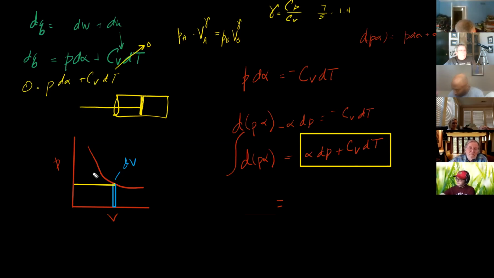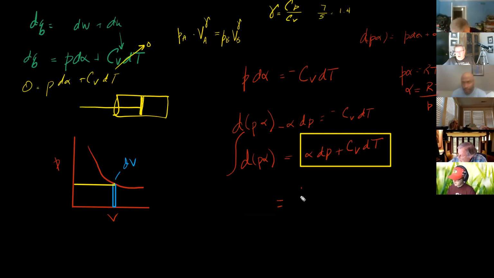Wait, we're saying it's a graph. What's that graphing? I don't know. So I can't do it if it's a function of it. But I know that P alpha equals RT, so alpha equals RT over P. Now what do I have?